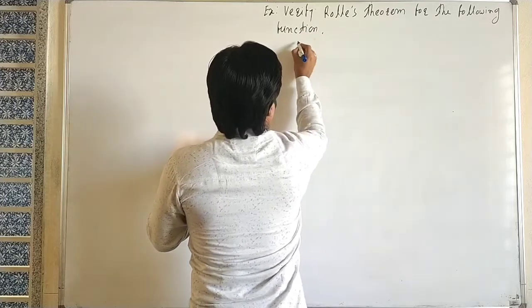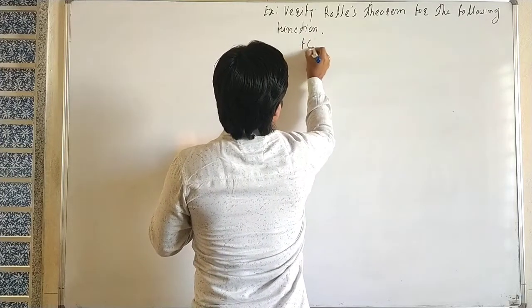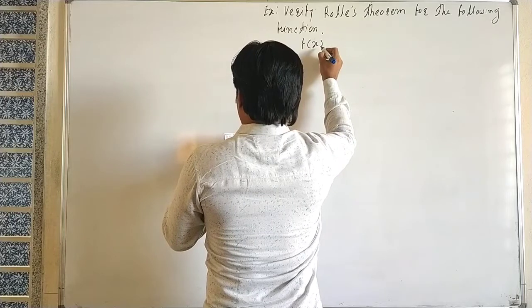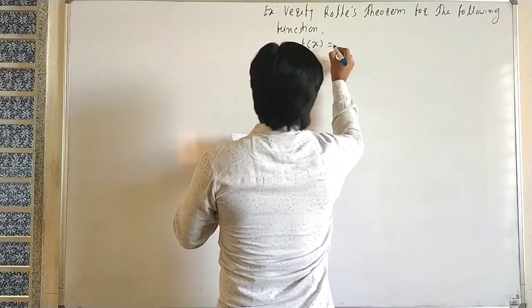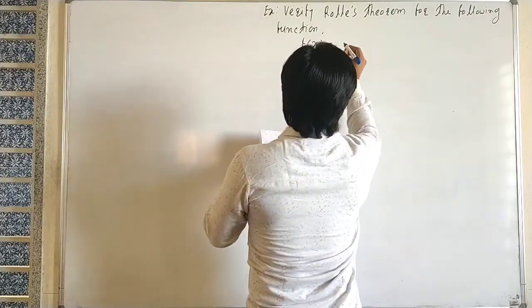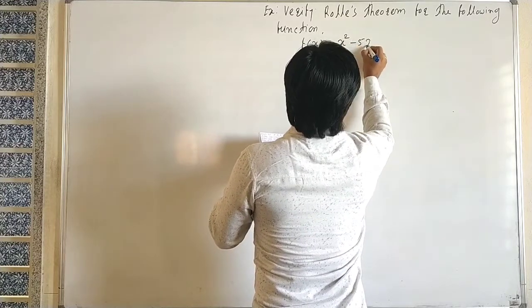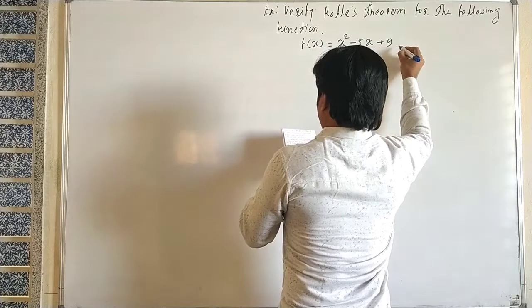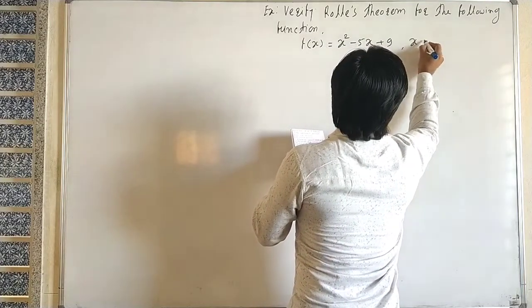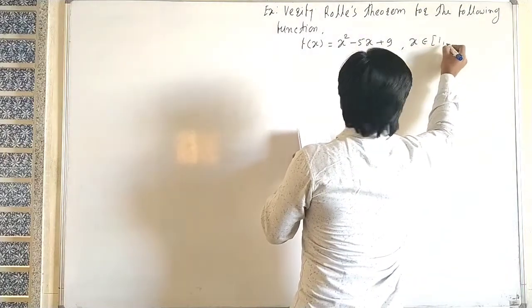Okay. Here f of x is equal to x square minus 5x plus 9 for x belongs to 1 comma 4.